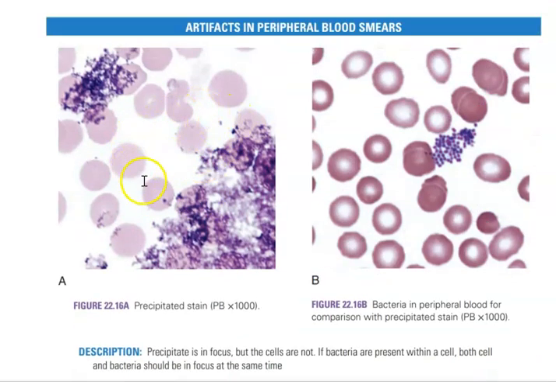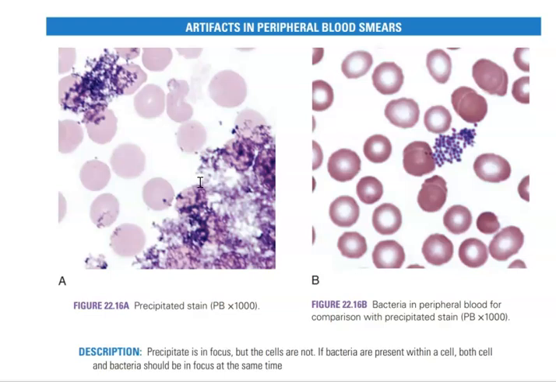We use different stains, of course, to stain our blood smears. You can see your red blood cells here, but all this greenish-looking purple sediment is precipitant from your stain. So this is coming from within your stain and is sitting on top of your cells. This would be considered an artifact.